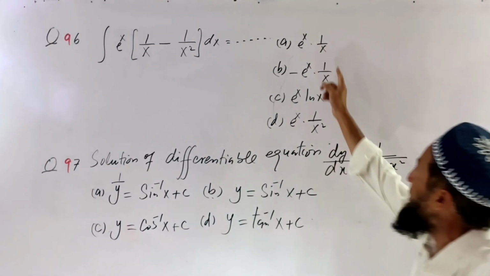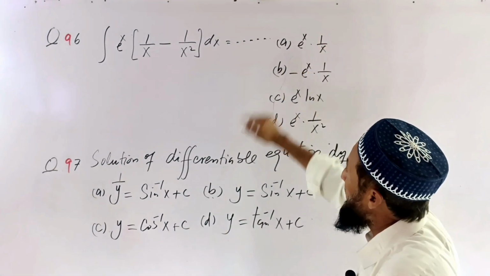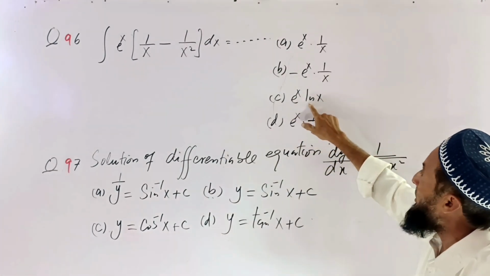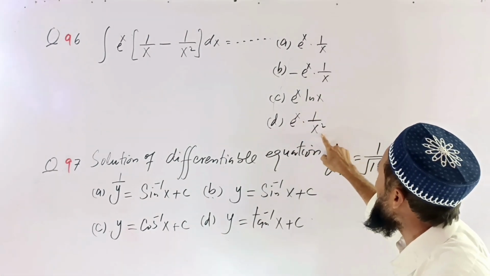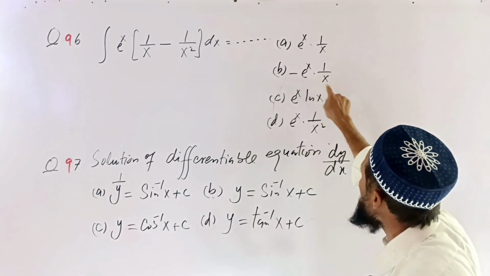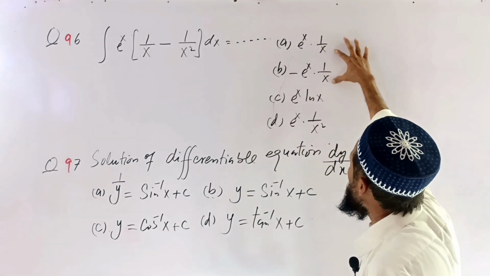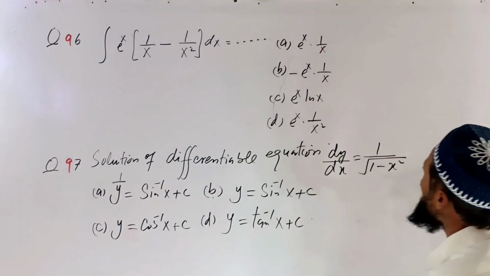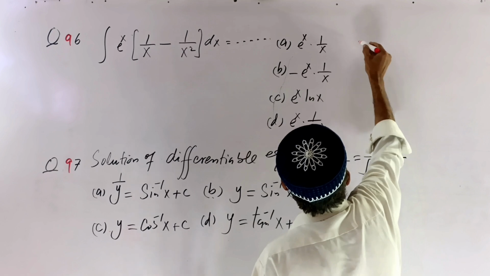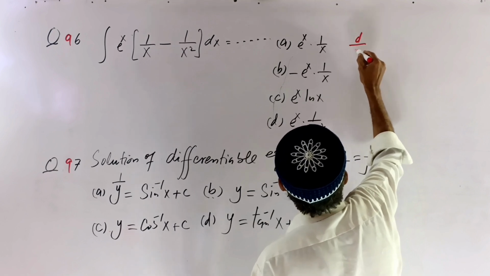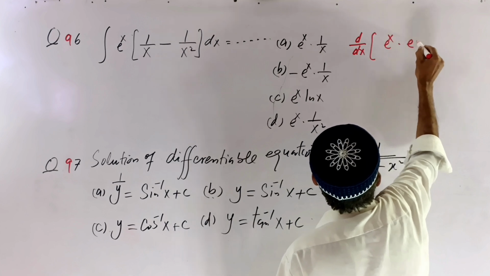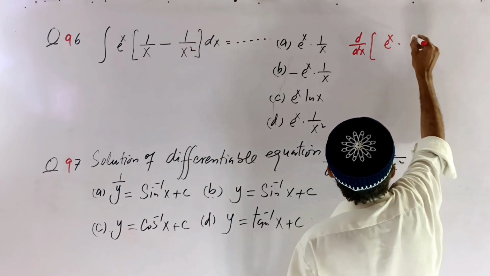Here, if we check the options using the product rule in this question, we get 1 over x and here minus x minus 3. There is no minus 2 in this option and this option. So now look here, if we differentiate this term, d by dx of e power x into 1 divided by x.